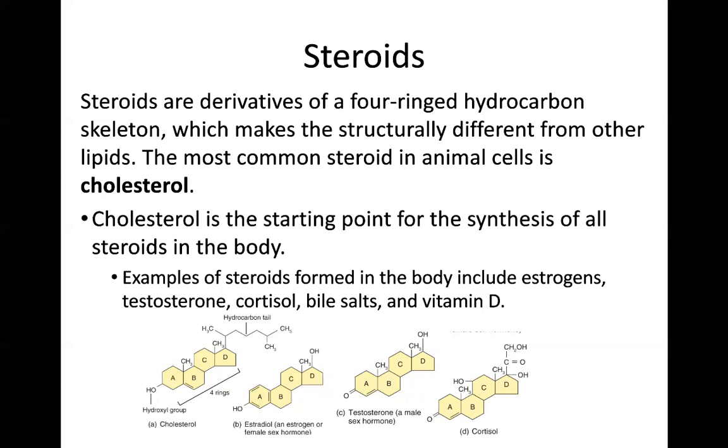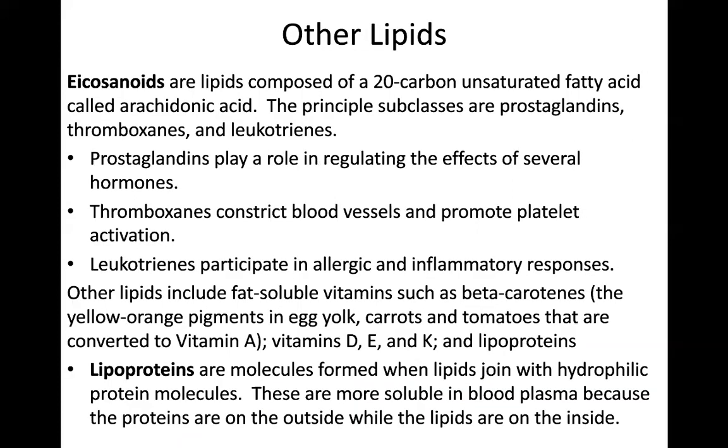Bile salts, which are a component of bile that helps us digest certain things. And vitamin D, where do we get our vitamin D? Aside from our diet, the sun. Okay. So that's the gist of steroids. We'll get into those more later on in the semester, like when we talk about hormones, like testosterone and such.